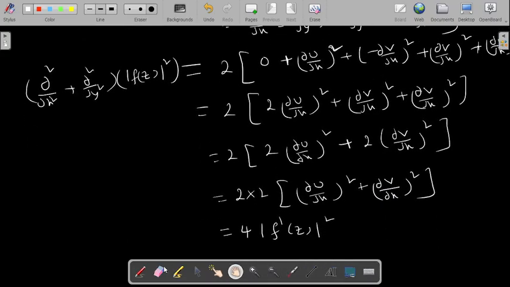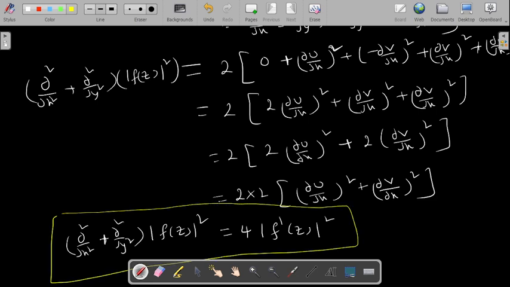So that is nothing but (∂²/∂x² + ∂²/∂y²)|f(z)|². This is the only required proof.